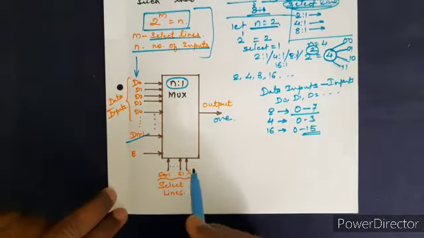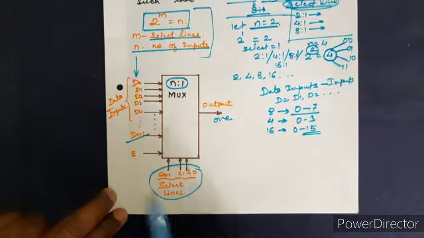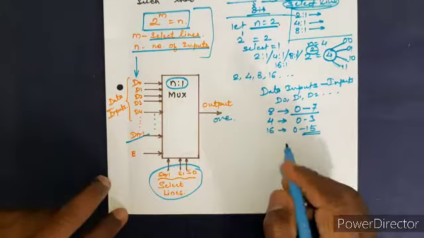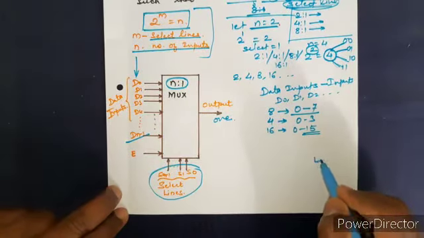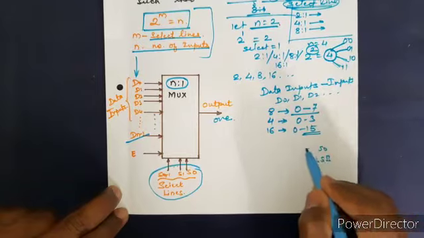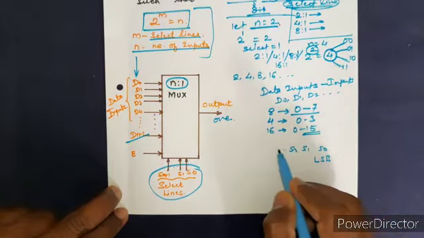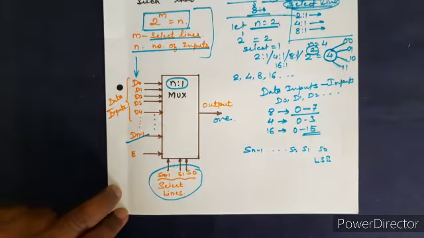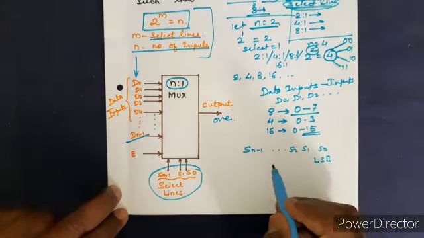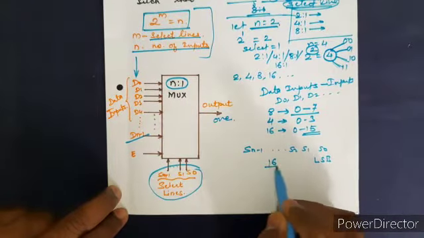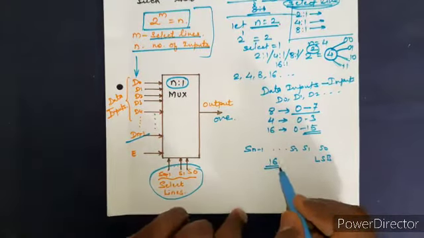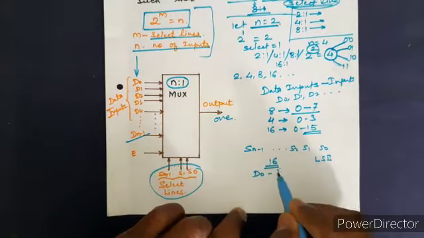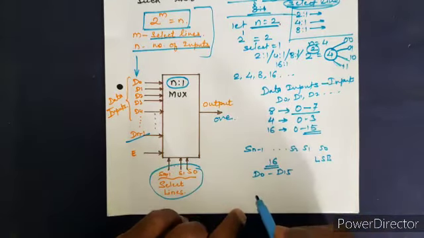Okay, and at the bottom side you can see the select lines. The LSB is S0, then S1, S2, and so on, up to S n minus 1. Consider I have 16 inputs. So the data would be D0 to D15.